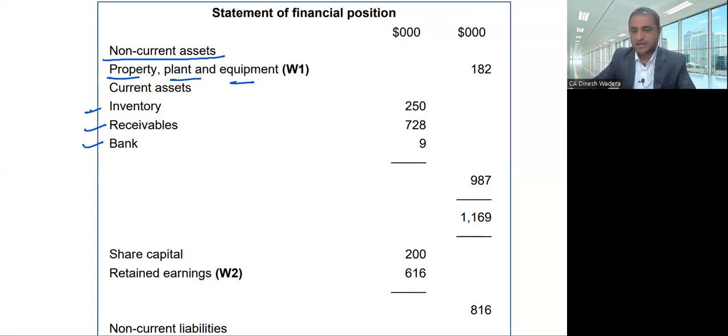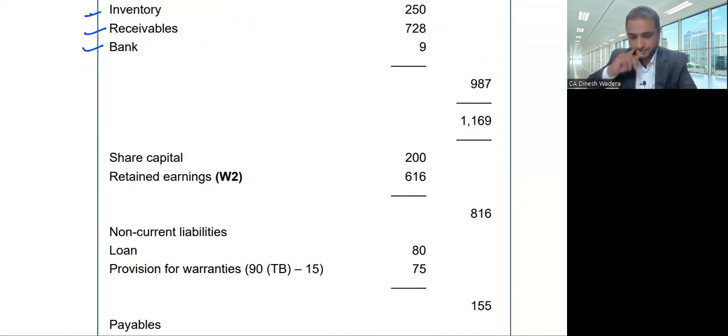So once we get the list of current and non-current asset, we will be identifying the liability side of a statement of financial position or balance sheet, which constitutes the share capital, retained earning. Then we will have the non-current liability as usual, which includes the 10% loan notes and long-term provision for warranties.